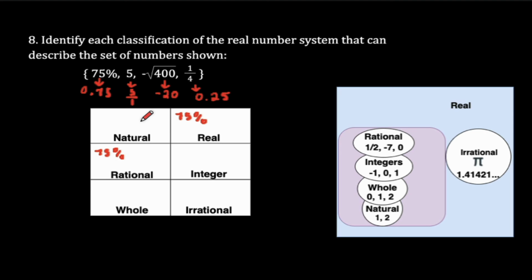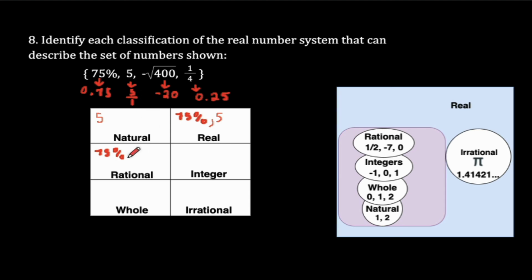Well, 5 is certainly a rational number, so we'll place 5 here. And is it a real number? Sure, it's a real number, so we'll place 5 here as well. Is it rational? It is, because like I've said, it can be written as a fraction, 5/1.